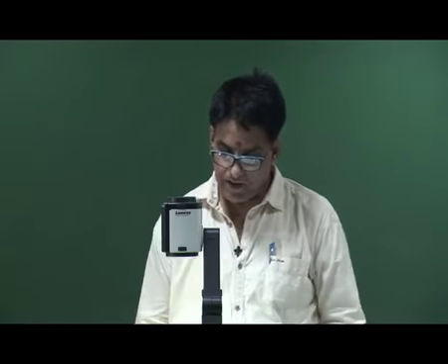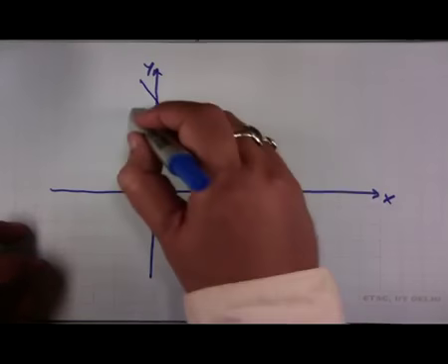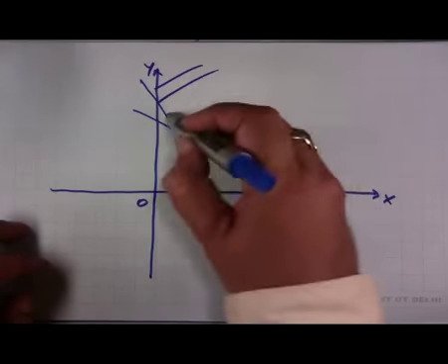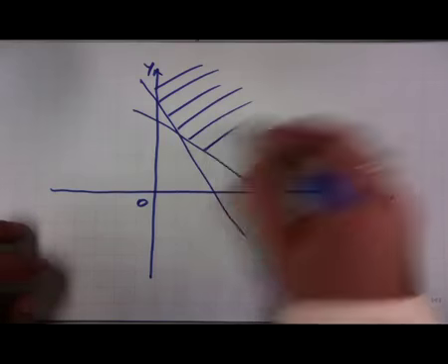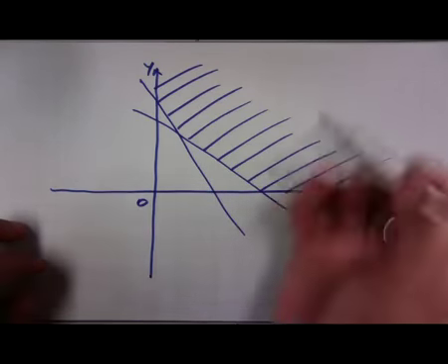It says that our graph is like this, and this will be the open feasible region.